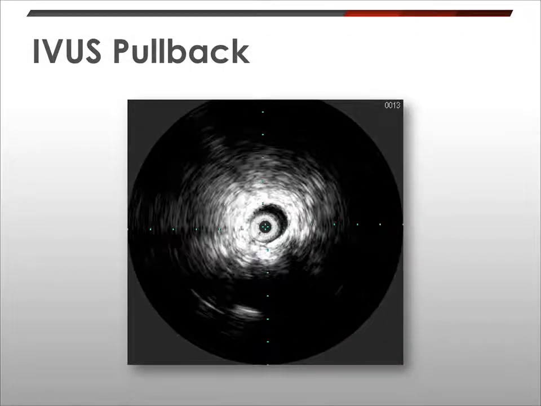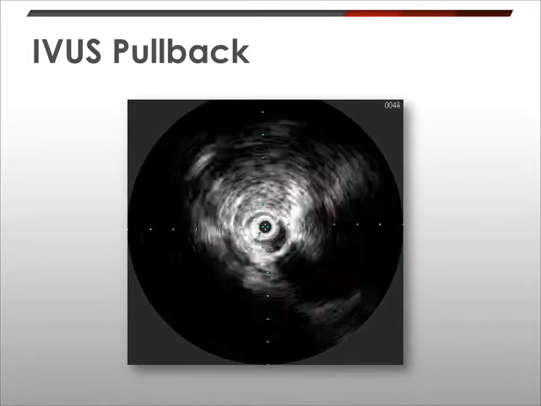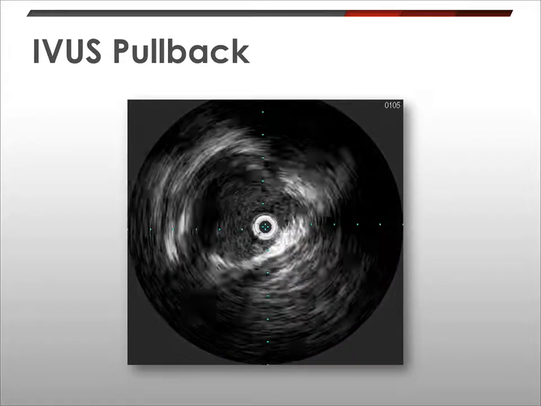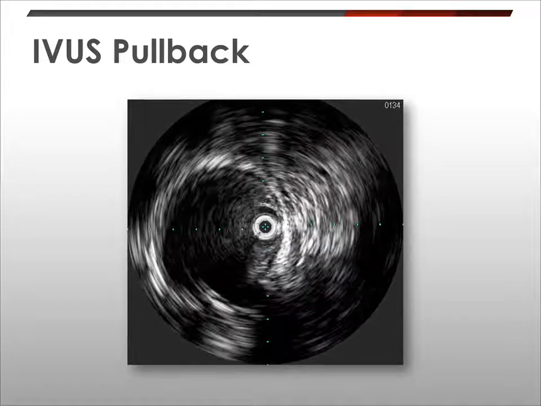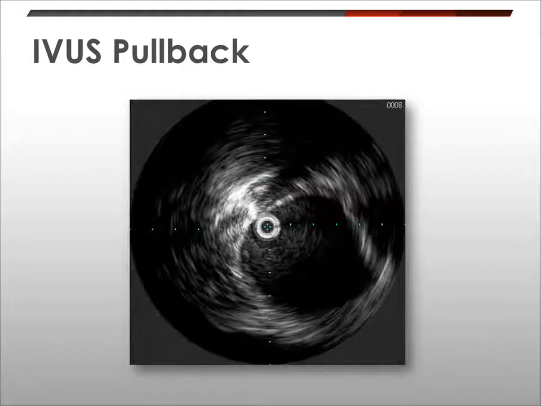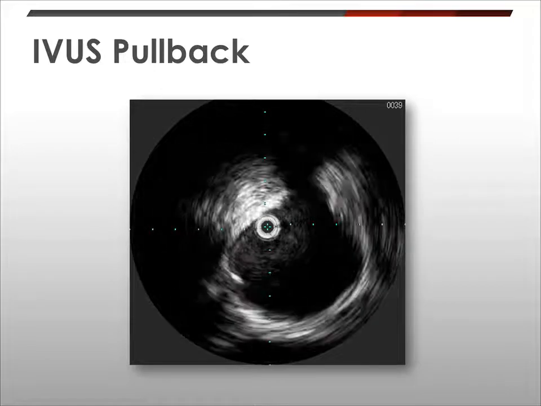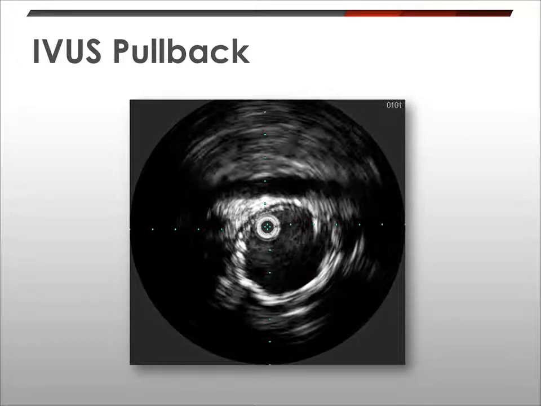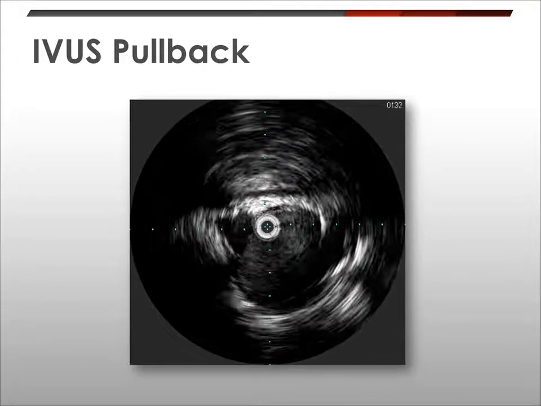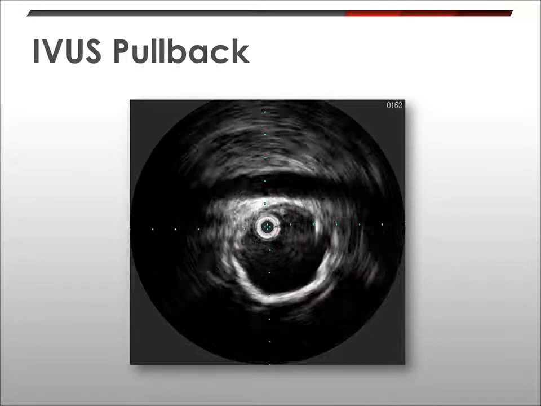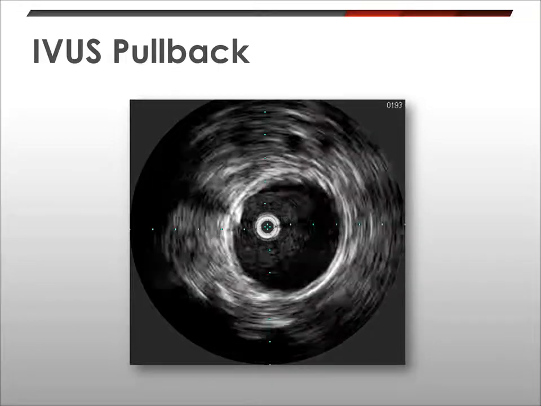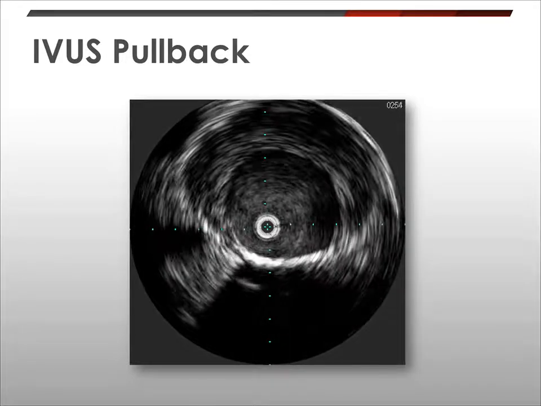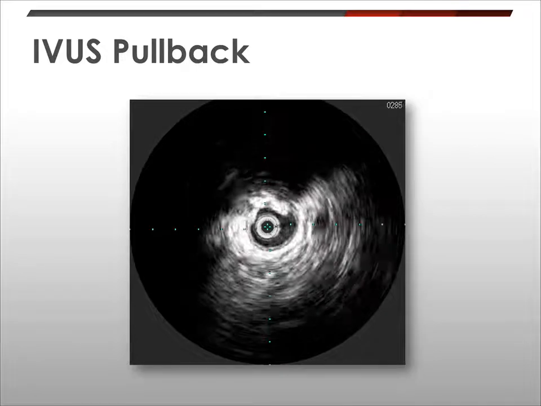Here you can see the intravascular ultrasound pullback in slide 5, which shows the celiac artery, the superior mesenteric artery, and then the renal vein along with the renal arteries taking off at approximately 3 o'clock and 9 o'clock. And then the length and diameter and quality of the aortic neck showing minimal debris and a fair amount of calcium.